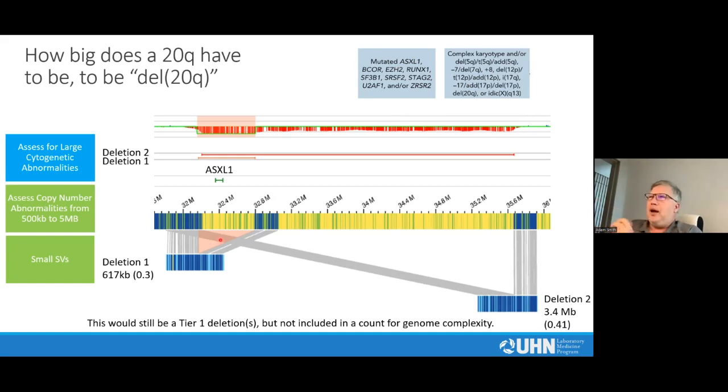Although I'm not 100% sure how we're going to deal with some of these, because there are a lot of genes like EZH2, for example, that could potentially also be included in the category del7q.